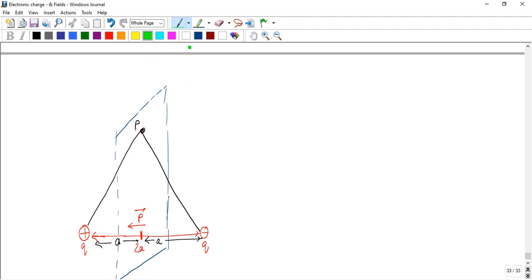Now these are the distances. The electric field at point P due to plus q charge is positive, so away, that is E of plus.